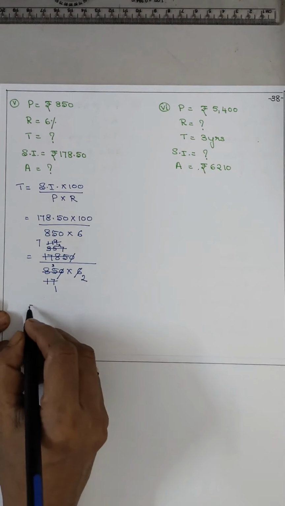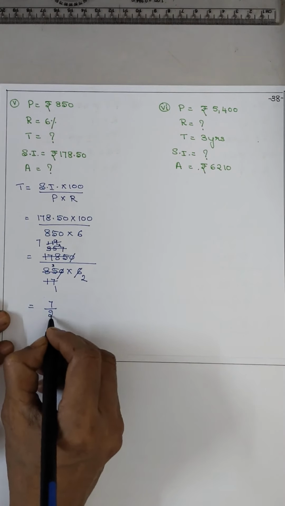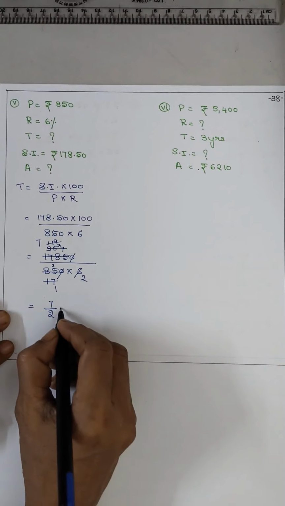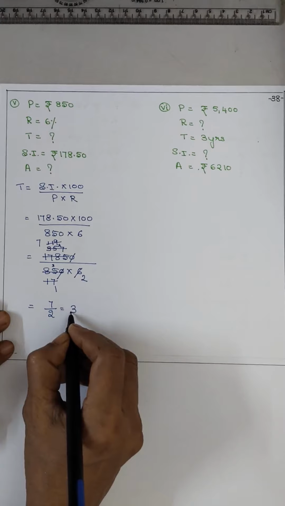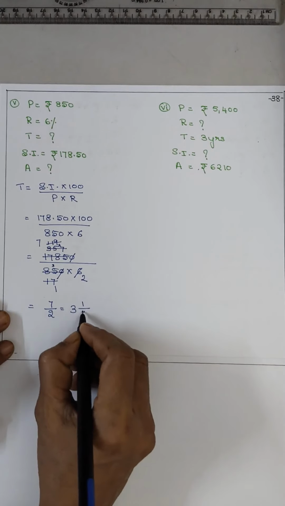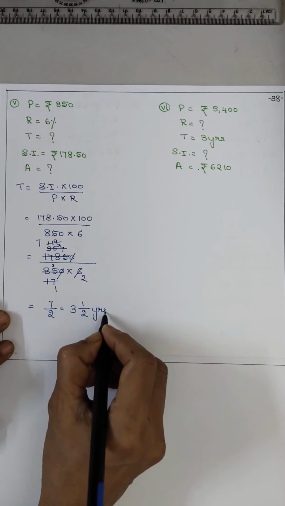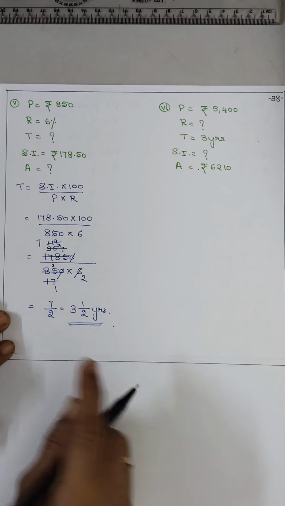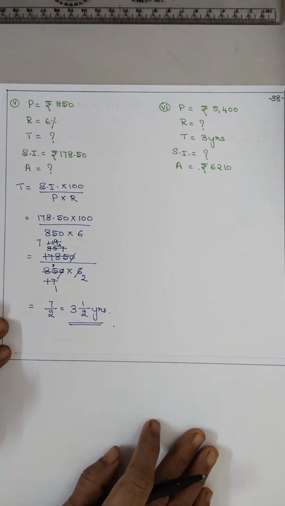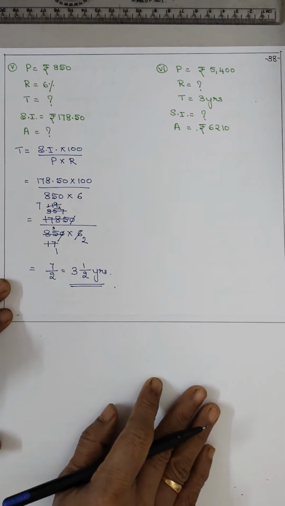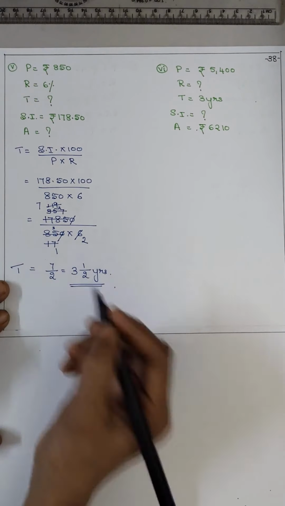So you got 7 by 2. Now convert 7 by 2. 2 3s are 6. 1 remains, 3.5 years. Be careful with the calculation here. Okay. This is the time.